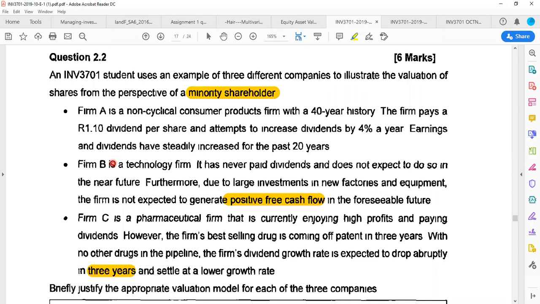Please make sure that those 2 parts of theory you're prepared to come across them in the exam. 1, the different types of valuation models. 2, the equity valuation process. And also, I've seen a lot of past questions that ask on factors that affect the growth rate, factors that affect the dividend growth rate. That can also come as a question in section B with a lot of marks.